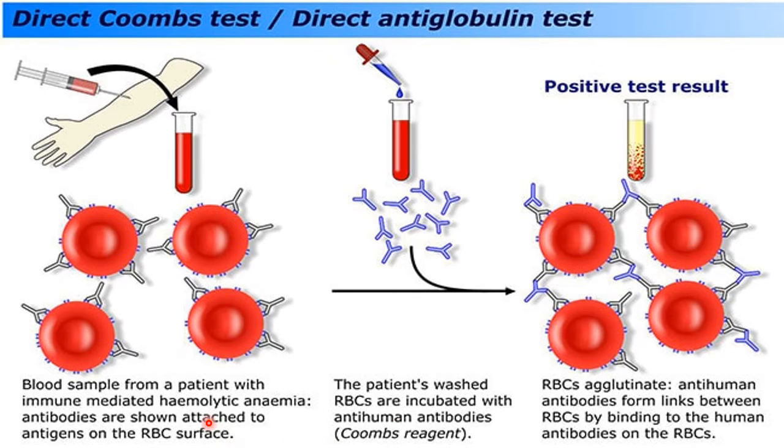So 2 drops of the patient's 5% cell suspension is prepared, to that 1 drop of anti-human globulin reagent is added, mixed, and we wait for 5 minutes and then look for agglutination. If agglutination is there, the direct Coombs test is positive. If agglutination is absent, it is negative.